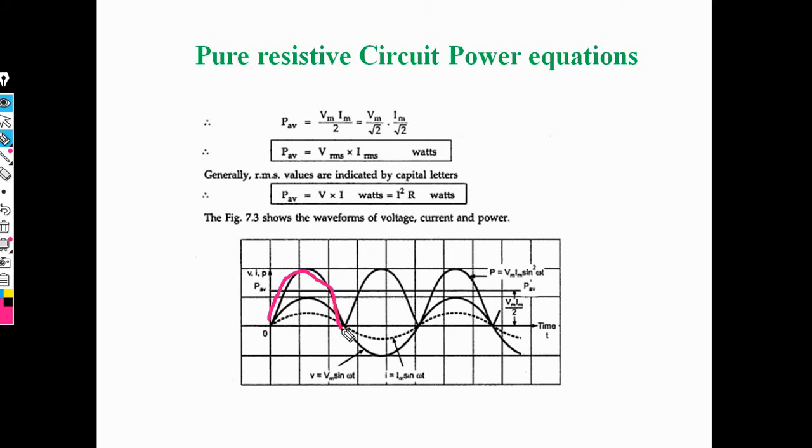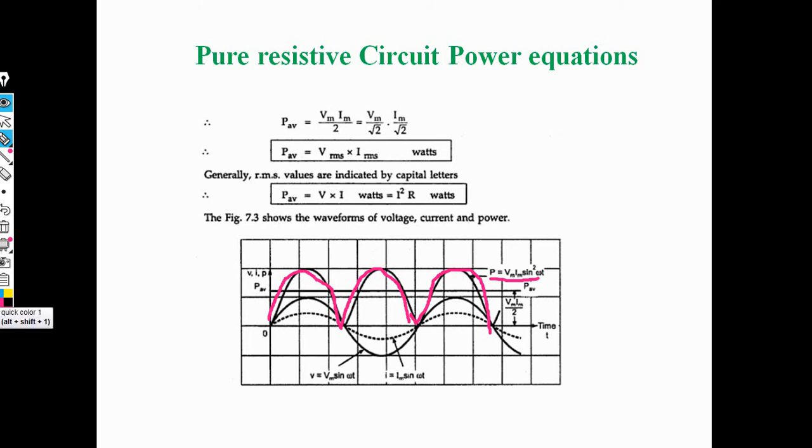The power waveform is P equal to Vm Im sine square omega t.